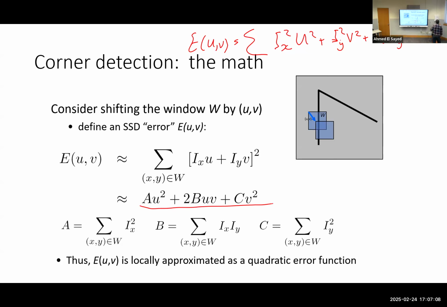Why did the summation disappear right now? The summation is over X and Y. Do U and V have anything to do with X and Y? It's the shifting value. So no matter what the value of X and Y is, U and V are independent from that. That's why the summation is gone with the IX and IY values.